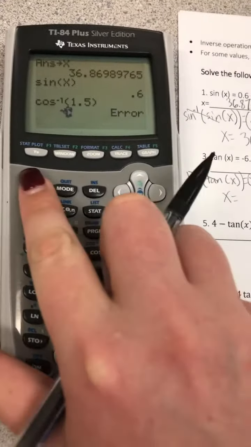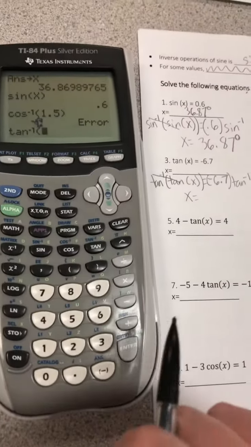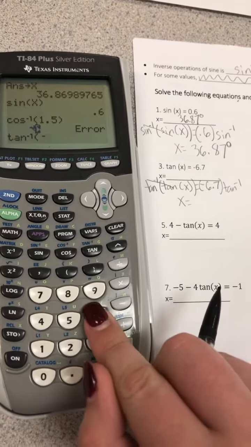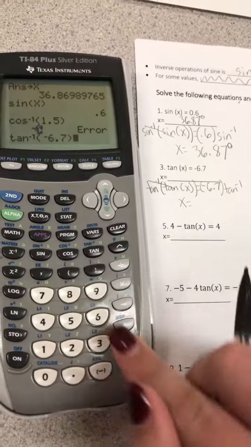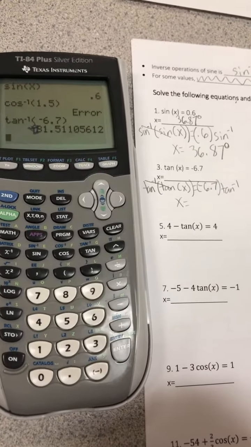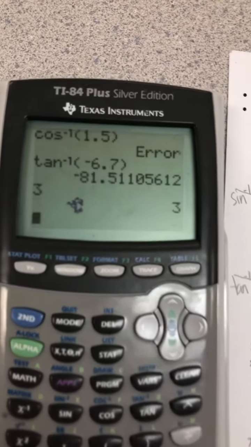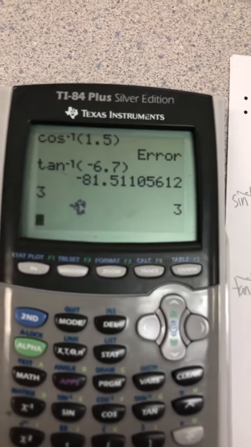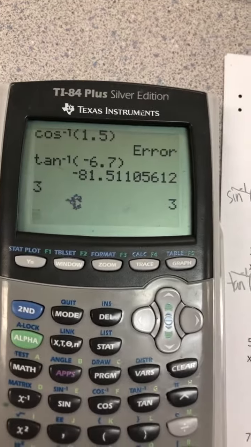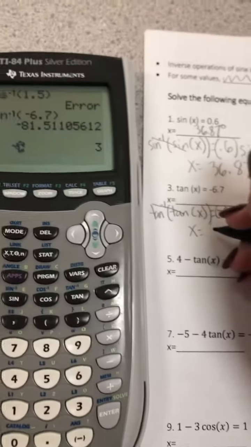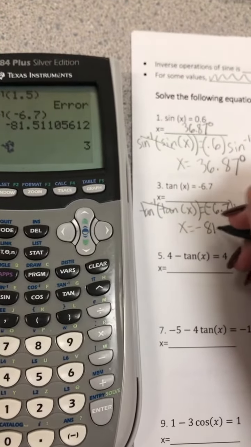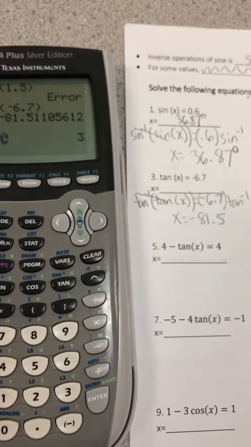So I've got inverse tangent of negative 6.7. And I actually get, and I know my calculator's messed up, negative 81.51, so on and so forth. So I'm going to put negative 81.5 degrees.